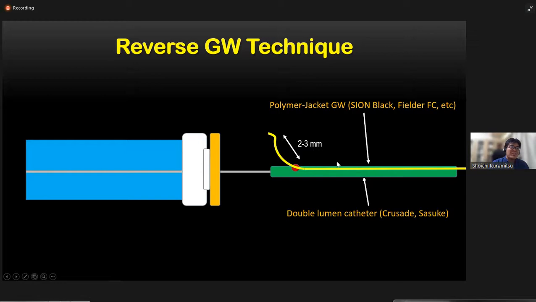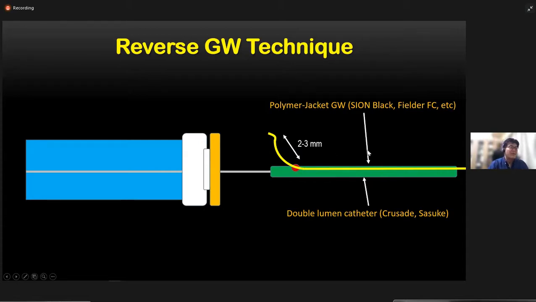This is a trade-off between the benefit and the disadvantage. When the side branch has a severe stenosis, it is very difficult to advance the second wire after recrossing. That's why we usually set around 3 millimeters.